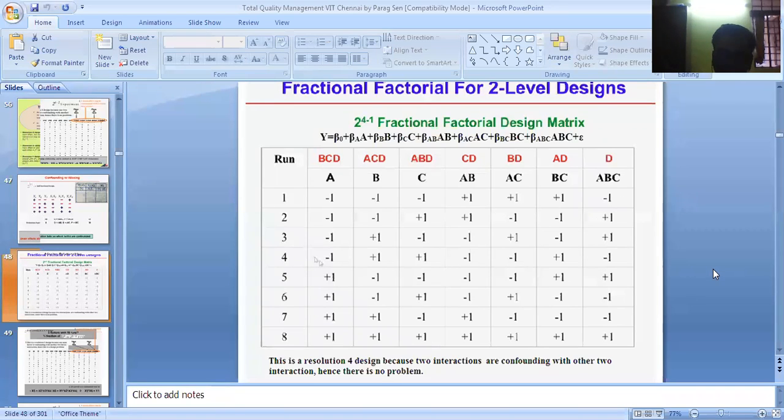Why? Because usually it is seen in practice that the main factor effect is much stronger. Two-factor interaction is a little bit weaker, but sometimes two-factor interaction effects also become significant. But usually the 3-factor interaction effects or higher order interaction effects are insignificant. Not significant means not statistically significant.